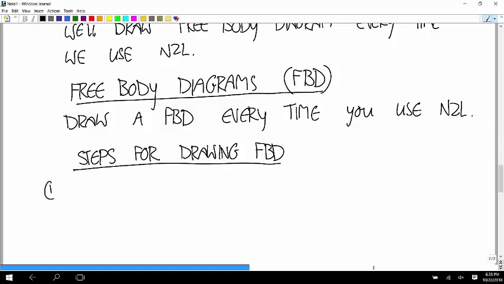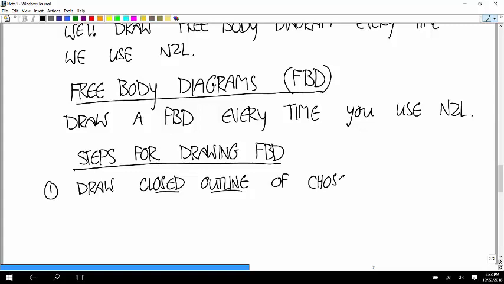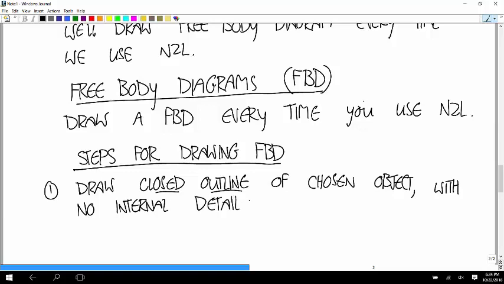The first one is to draw a closed outline of the chosen object with no internal details and no outside objects.